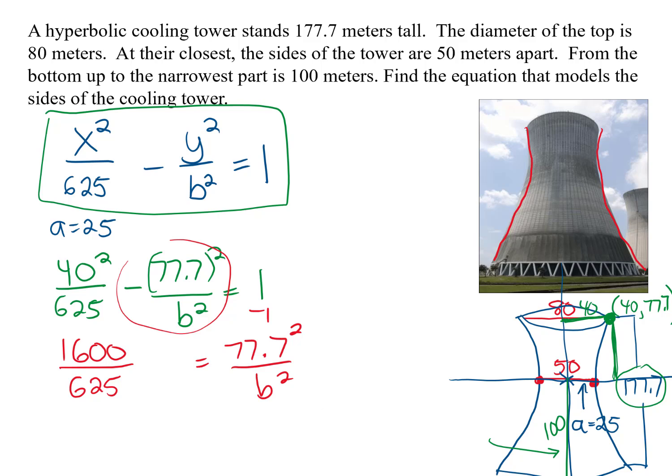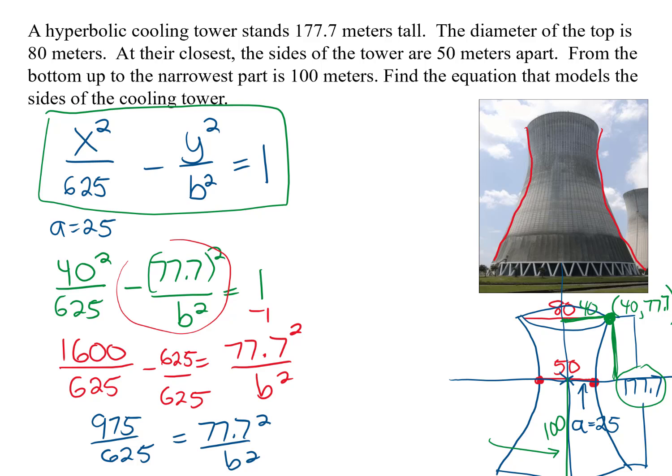If this is a negative 1, I can write 1 as 625 over 625. So 1600 minus 625, that's going to be 975 over 625. And that will equal 77.7 squared over b squared.